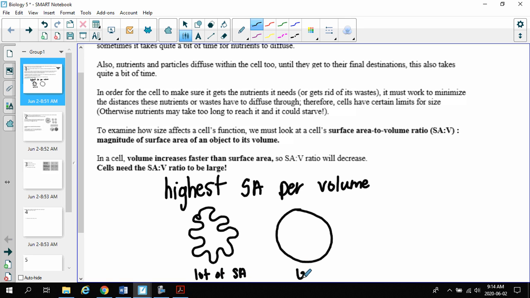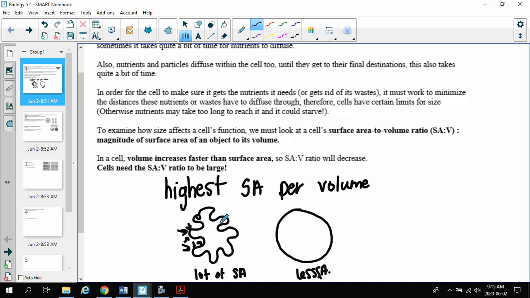This has less surface area, because all of these surfaces along all of these little ridges are places where diffusion can occur.